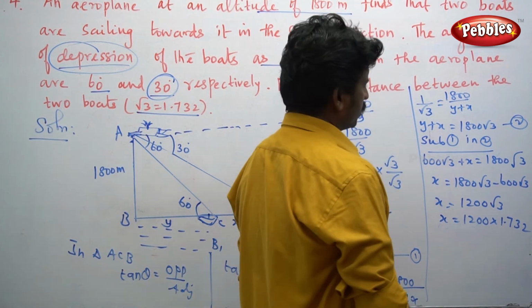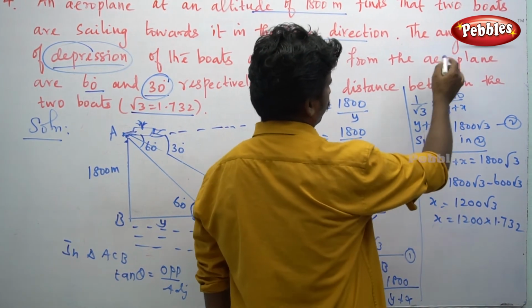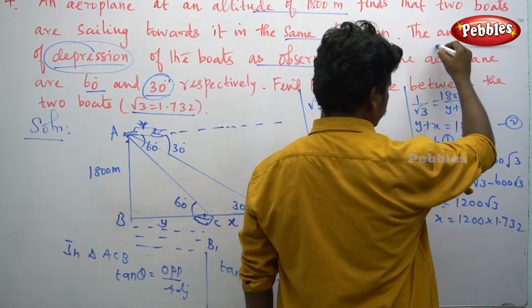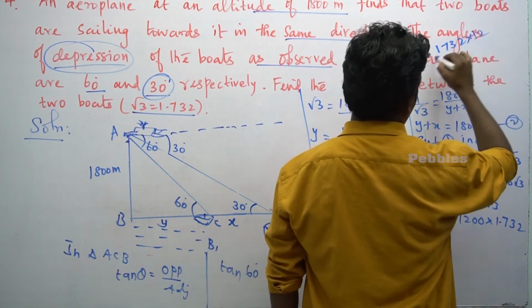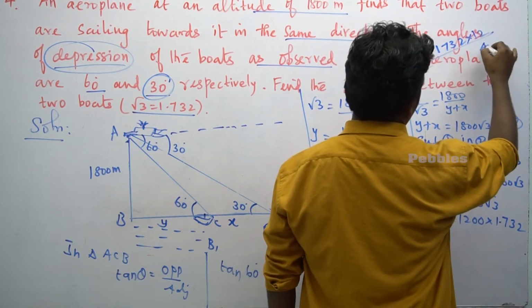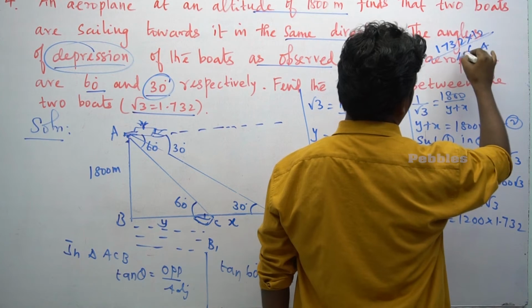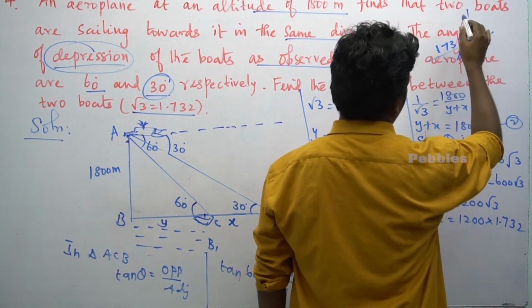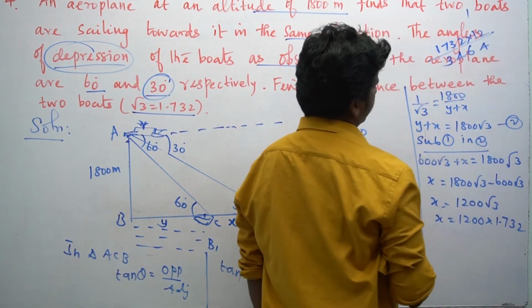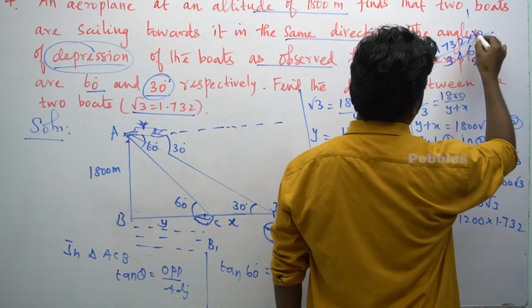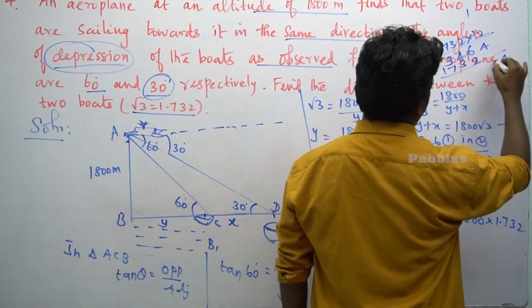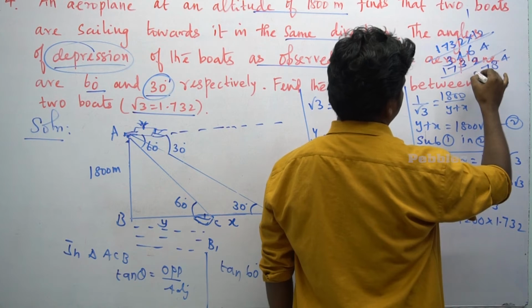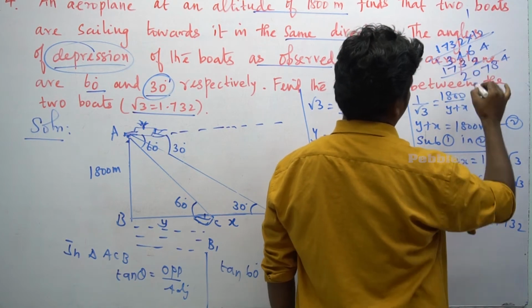1.732, right? So we should multiply this value, 1732 into 12. 2 2s are 4, 3 2s are 6, 7 2s are 14, remaining 1, 1 2s are 2, 2 plus 1 is 3, and 2 1s are 2, 3 1s are 3, 7 1s are 7, 1 1s are 1. 4, 8, 7, 3 plus 7 is 10, remaining 1, 20, right?